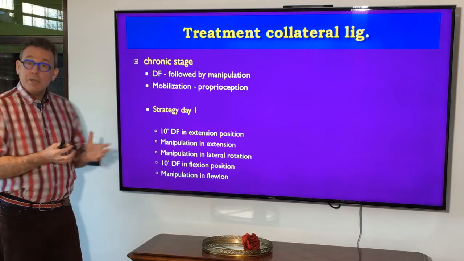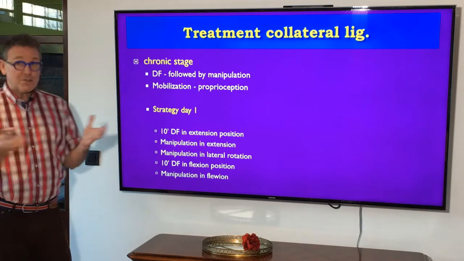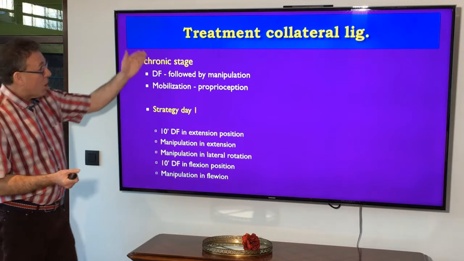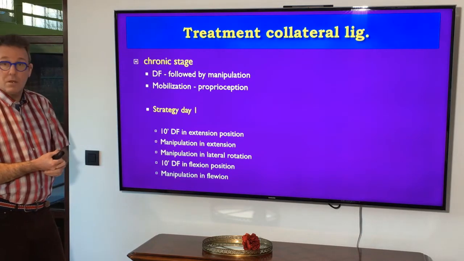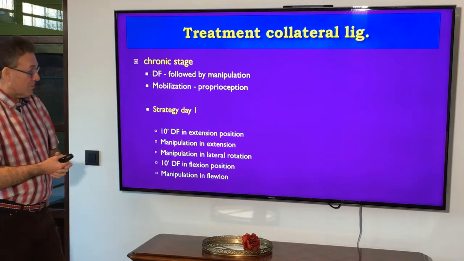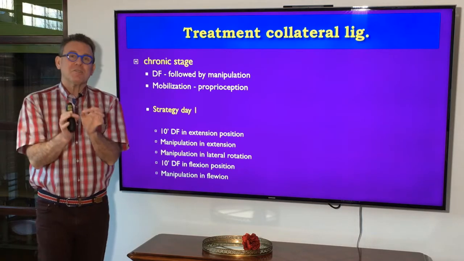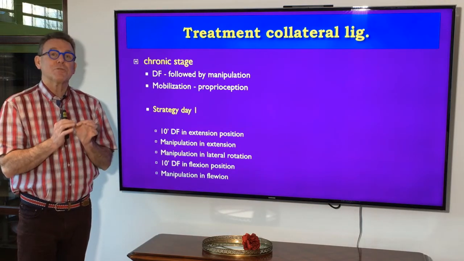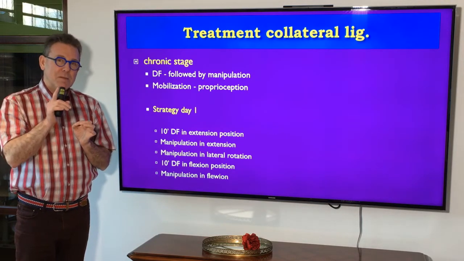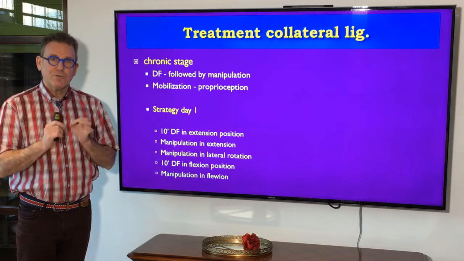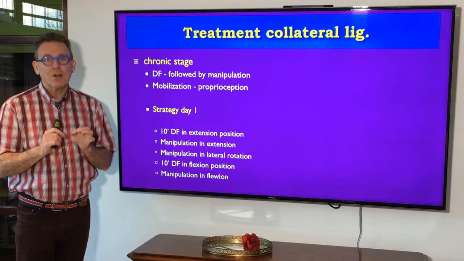In a chronic stage, the same as in the foot, lateral ligaments: deep friction, manipulation, and you continue with some mobilization and proprioception. But there is a specific strategy for the very first day. Remember, I just showed you the clinical image of a chronic MCL. Which tests are positive?